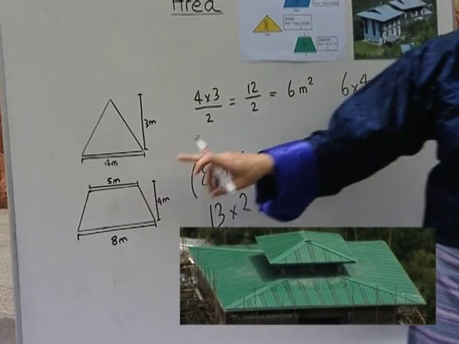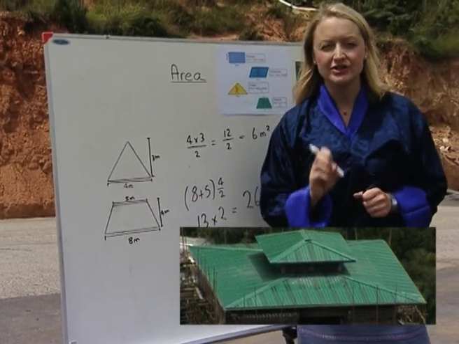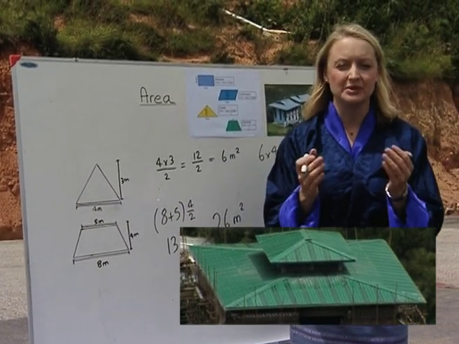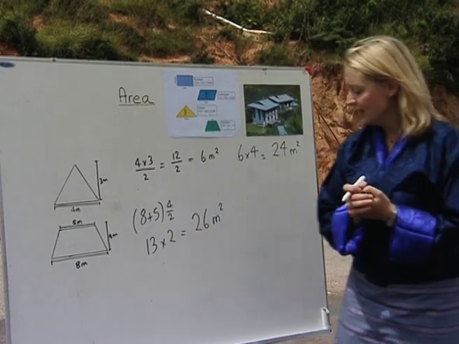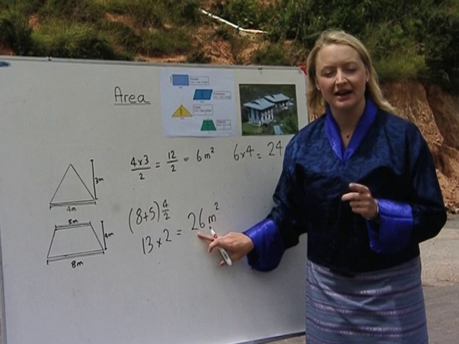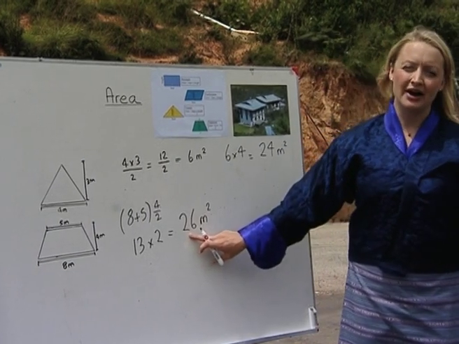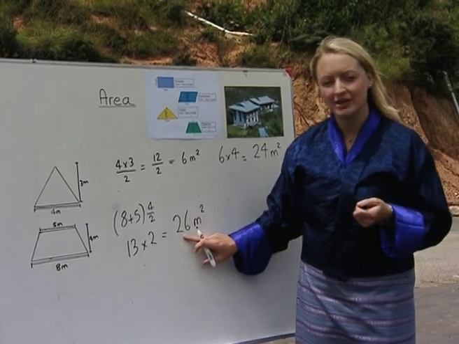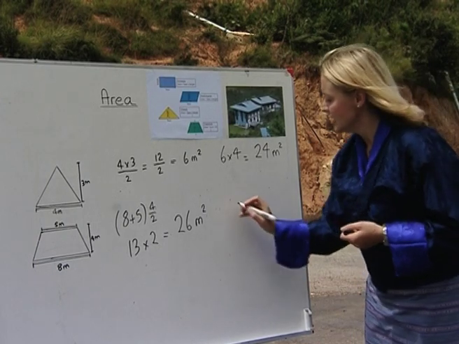Now, we said, if you remember, that we have got 4 trapeziums making up the bottom portion of that roof. So we need to take our area for one trapezium and multiply that by the number of trapeziums that we have in the bottom portion of that roof.